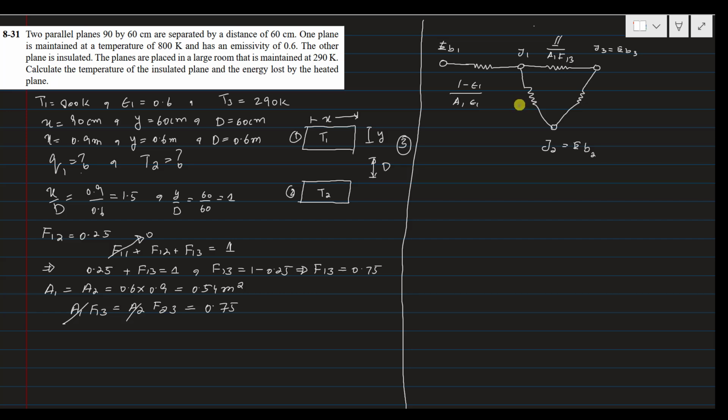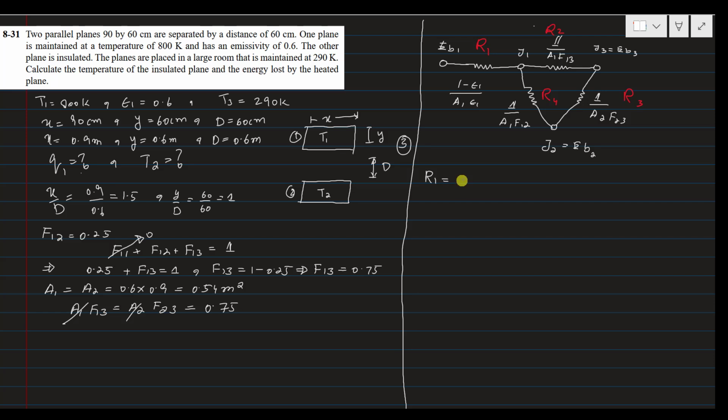Then this is again a space resistance between J1 and J2, and it is 1 over A1 F12. This is 1 over A2 F23. So this is resistance 1, this is resistance 2, this is resistance 3, and this is resistance 4, offered to the heat lost by the heated plate.